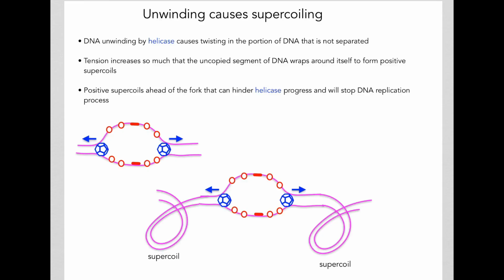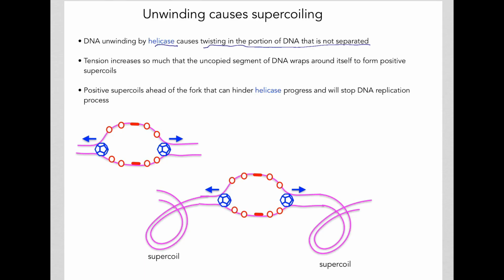Now, as the helicase unwinds the DNA, this unwinding of these strands will cause twisting in the portion of DNA that's not separated.